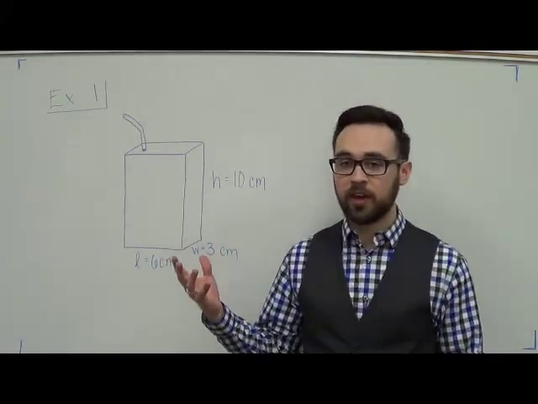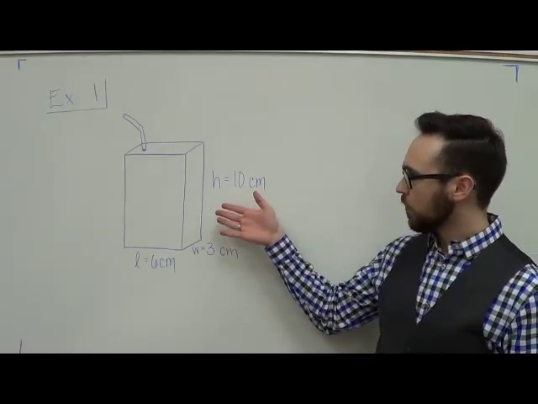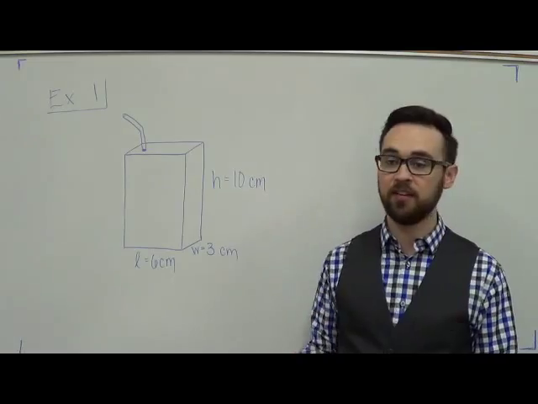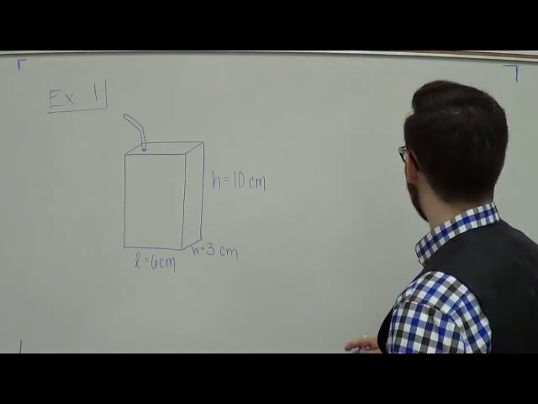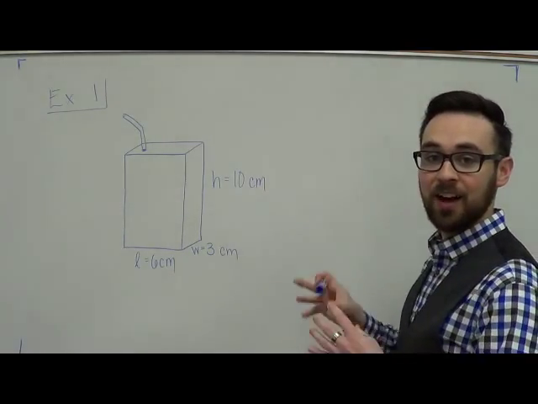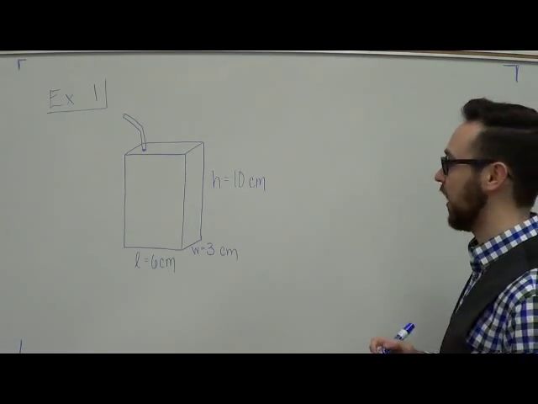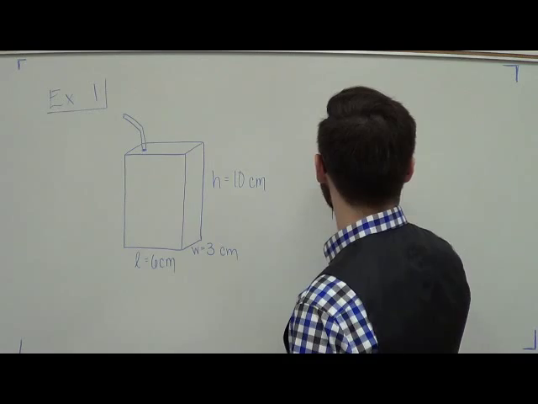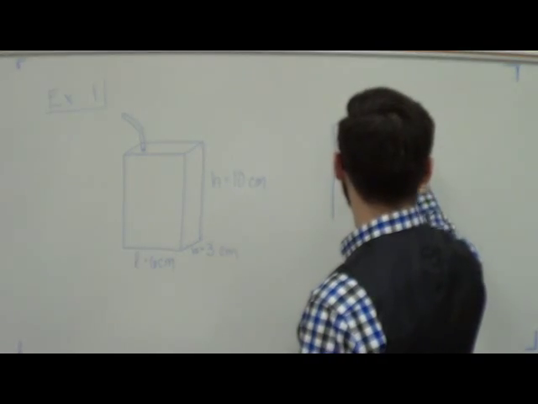So it's important to look at which pieces are which dimensions and how we're going to figure out what all the areas are. That's why we're going to draw the net of this juice box and figure out all of the different areas. If I start with the back, that is the tall rectangular piece.